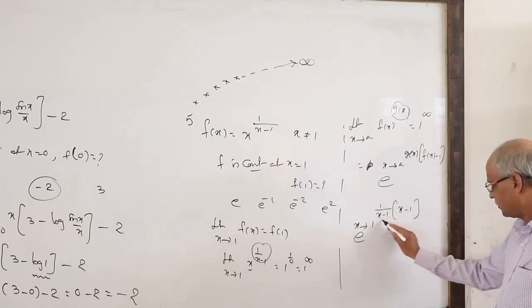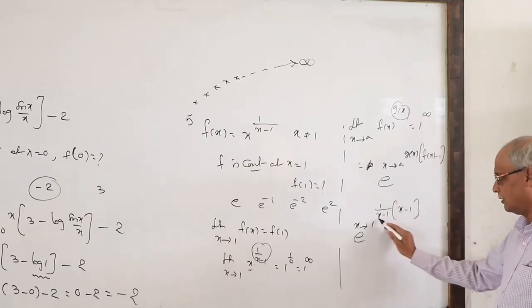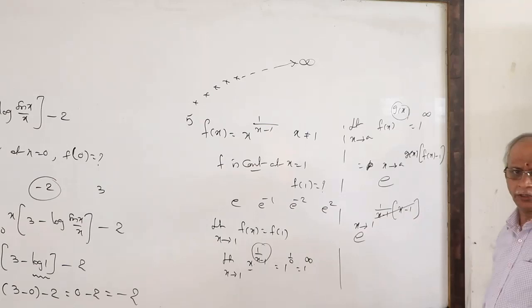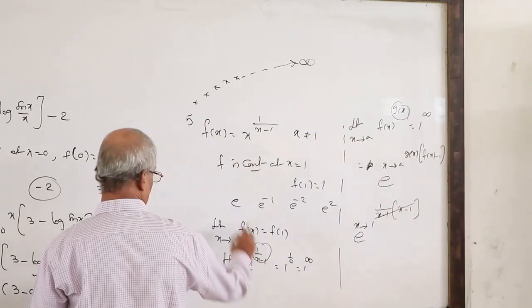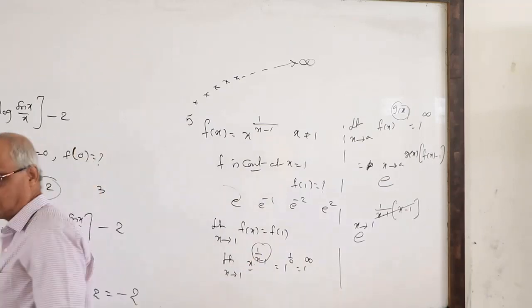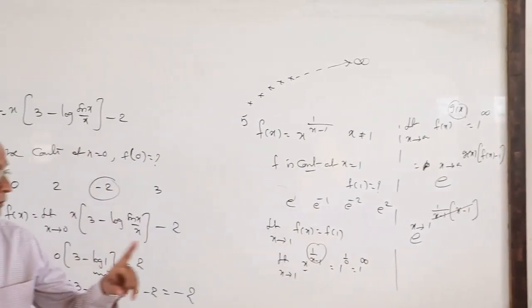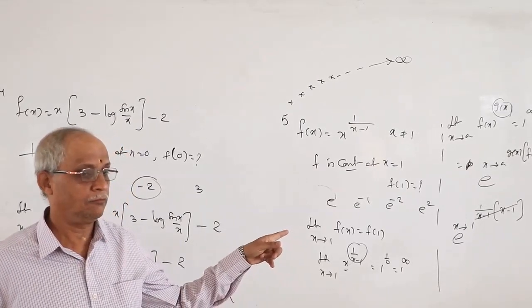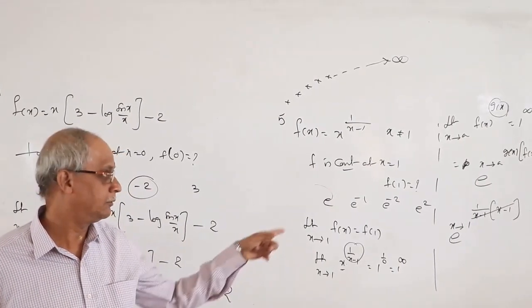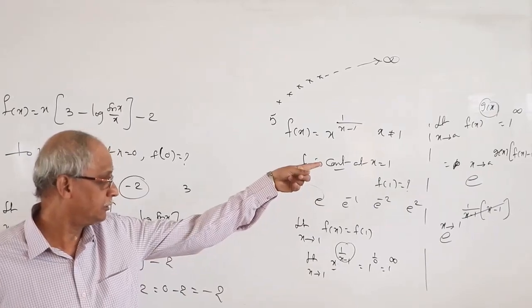What is your observation? Both cancel. When both are cancelled, what is remaining? e. See how much we are doing? One line. I wrote one formula, and next the answer only. That is the impact of that result.